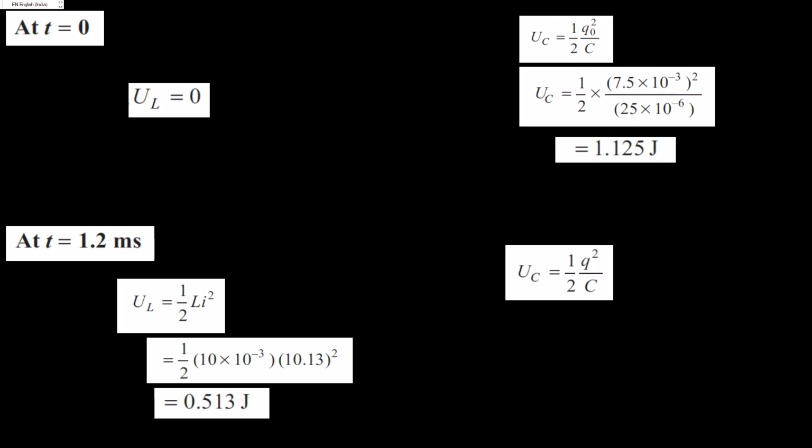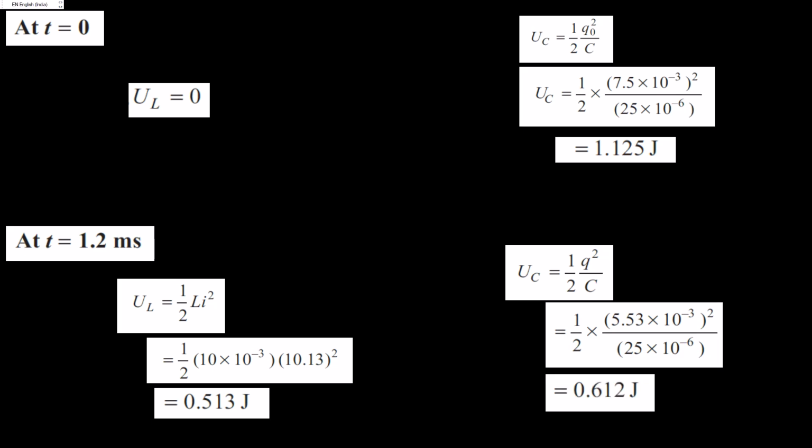Now at a later time 1.2 millisecond we find the energy of the inductor, half L i square, and after putting in the values we get 0.513 joule, and the energy of the capacitor is half q square by C, and we get the numerical value 0.612 joule.